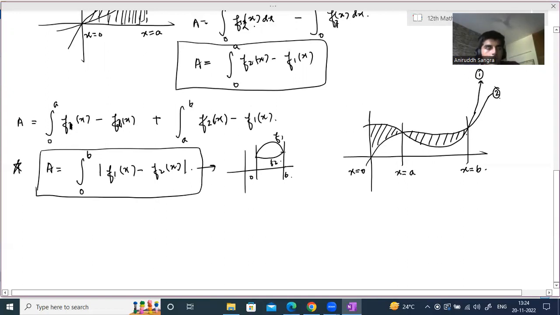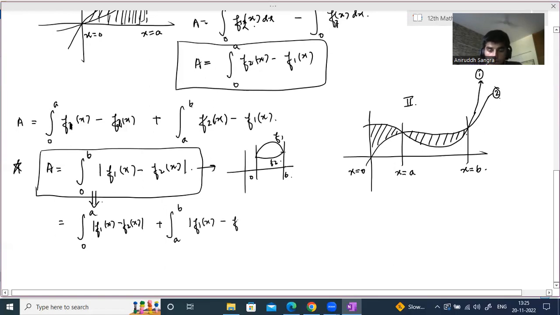Right? So if I now try to break this into two parts for the second situation, let's see what happens. We can break 0 to b into 0 to a and from a to b. Mod of f1x minus f2x plus the same thing, mod of f1x minus f2x.